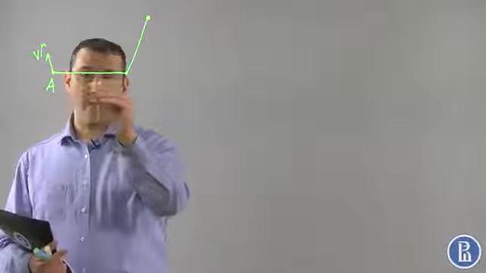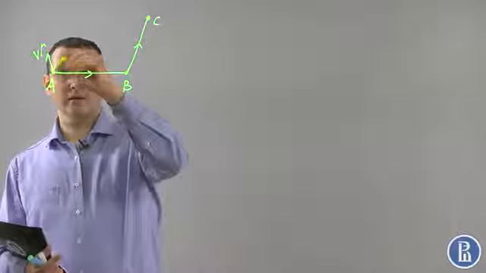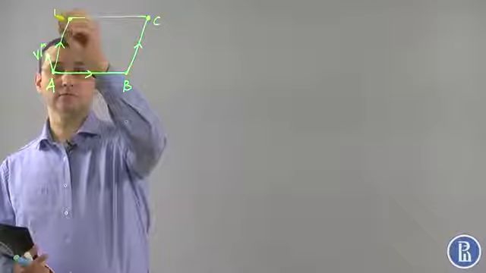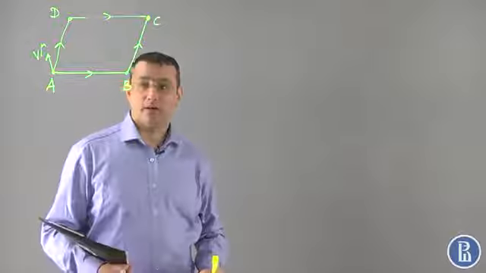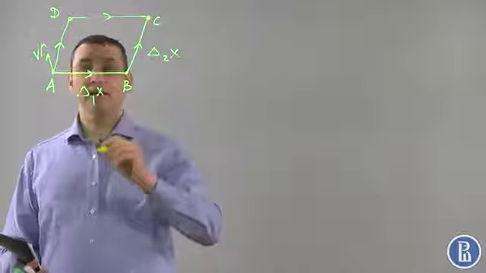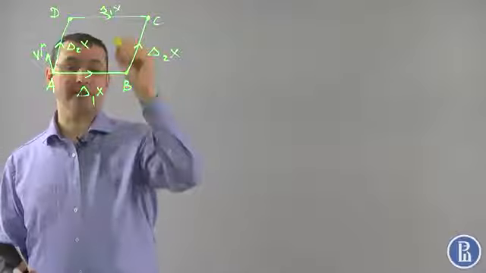So we have a vector v mu at some point A, and we want to parallel transport it to a different point, along the two paths A, B, C. Here we have delta 1 of x, this is delta 2 of x, and this is delta 2 of x, delta 1 of x.